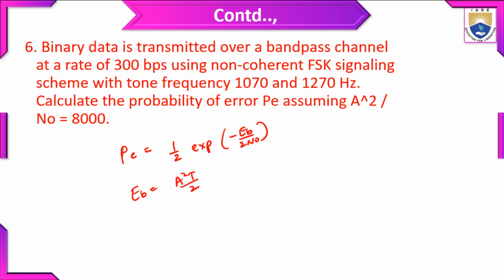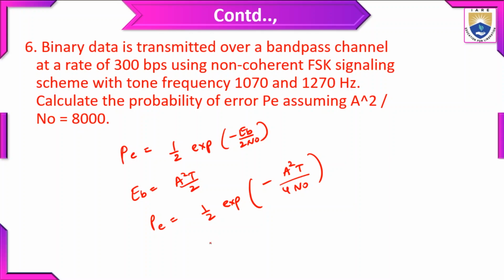So you can substitute: the probability of error is 1 by 2 exponential of minus A square T divided by 2, and 2 N naught is again there, so 2 into 2, 4 N naught.